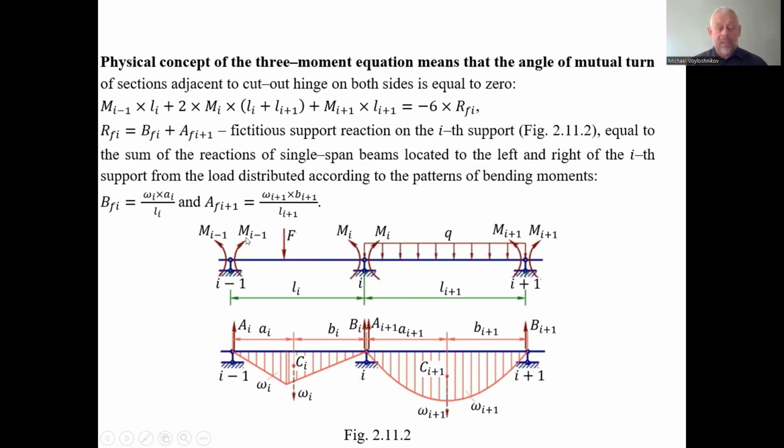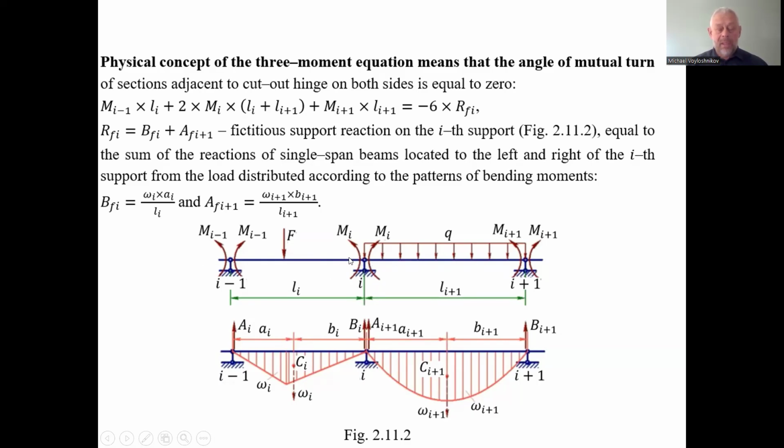We consider the external load, but this external load acts only on the definite span and does not communicate to the other, adjacent span.